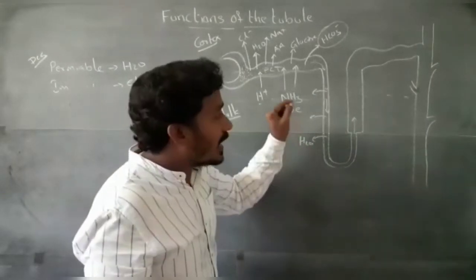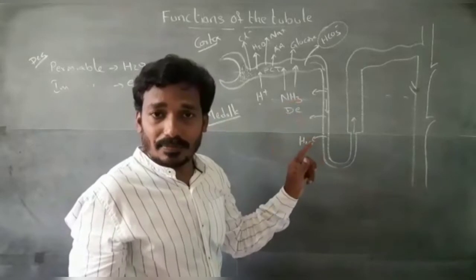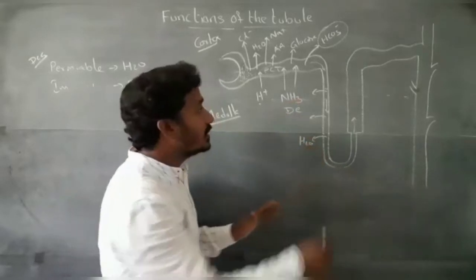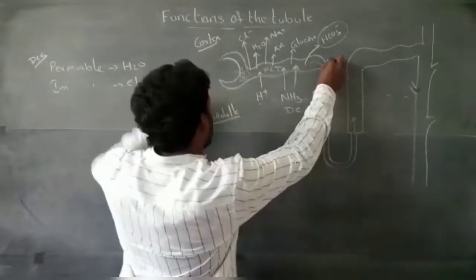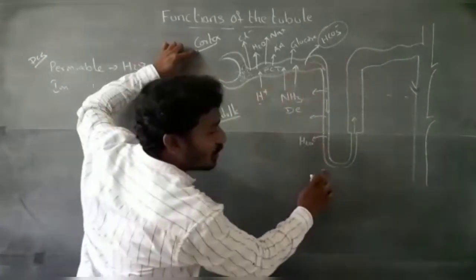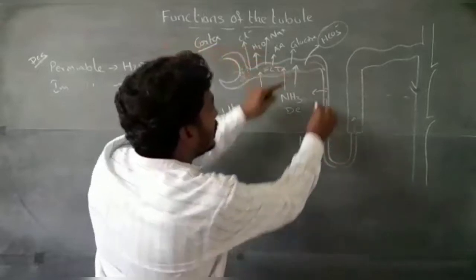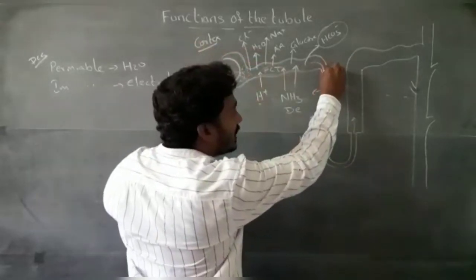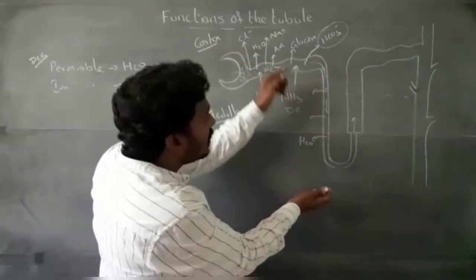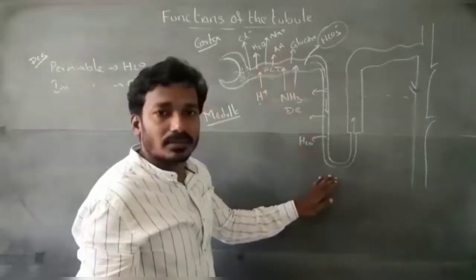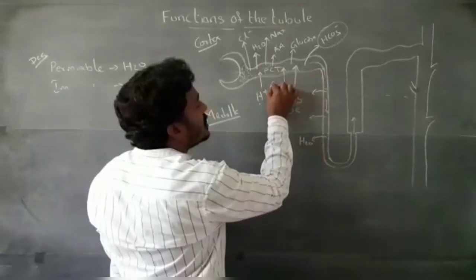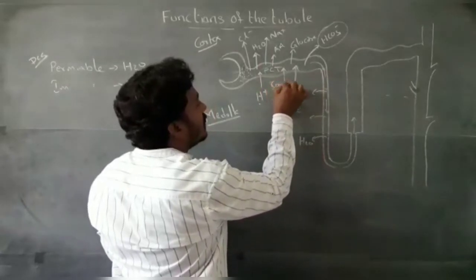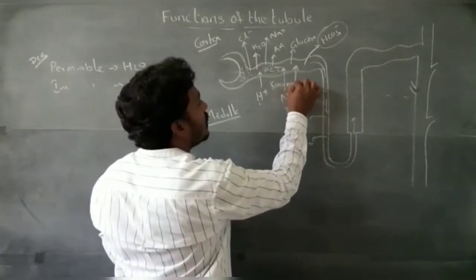So the concentration of filtrate increases from the cortex towards the medulla. In the cortical region, the concentration is 300 osmolarity.